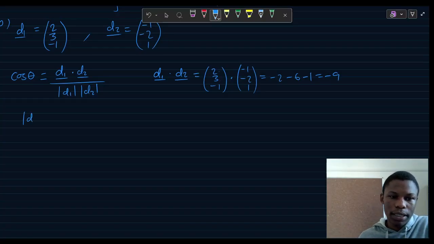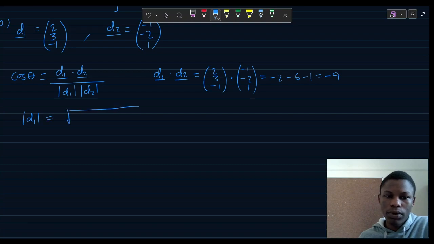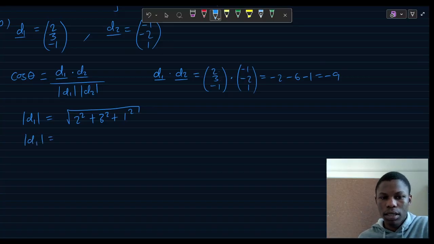Now we need to find the magnitude of D1, which is just the square root of 2 squared plus 3 squared plus negative 1 squared. That's 4 plus 9, which is 13 plus 1, so root 14.